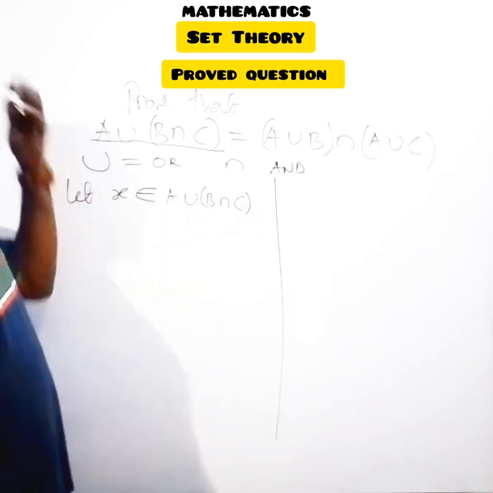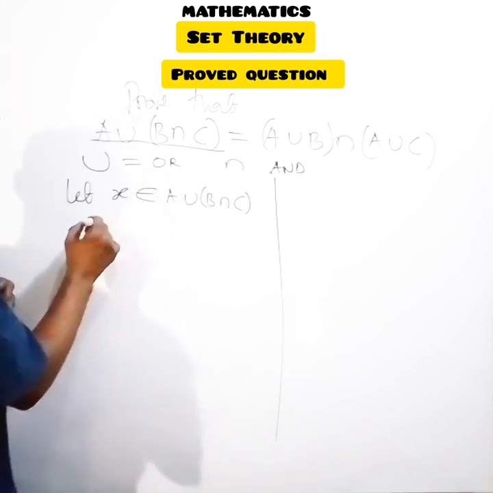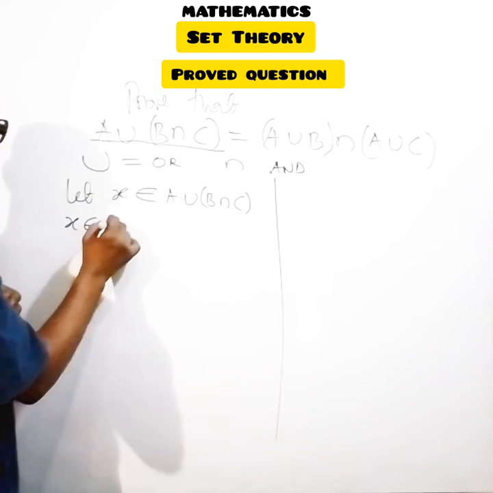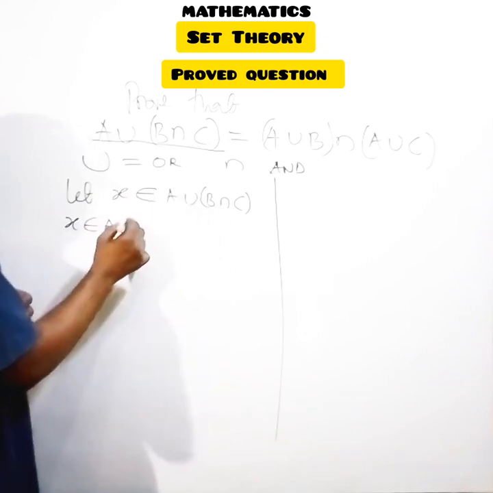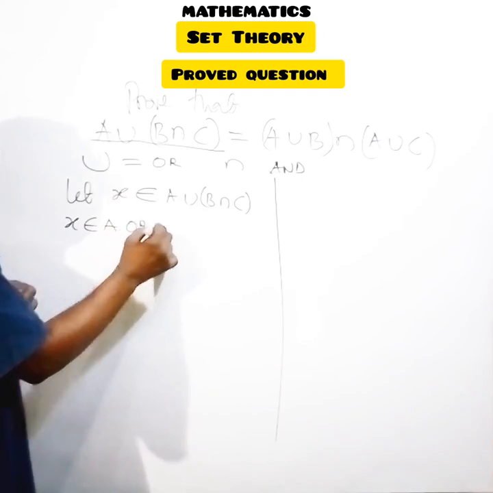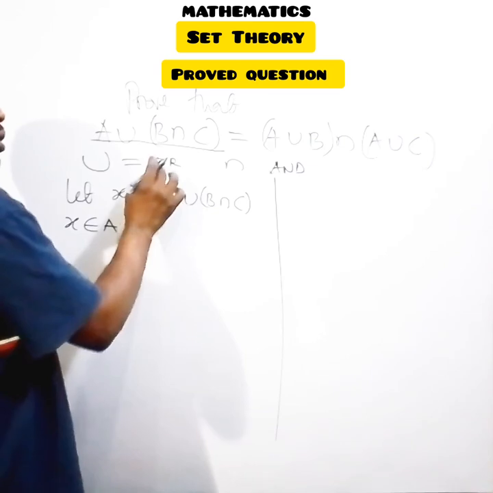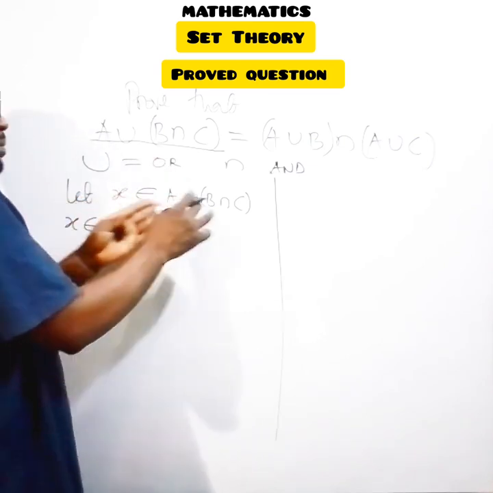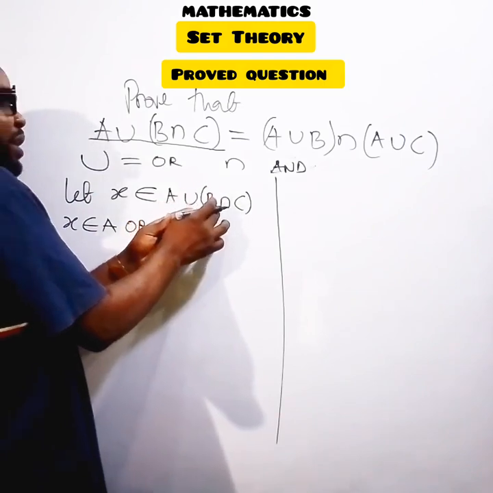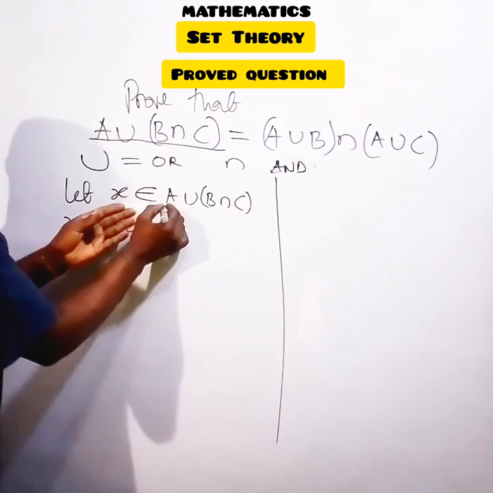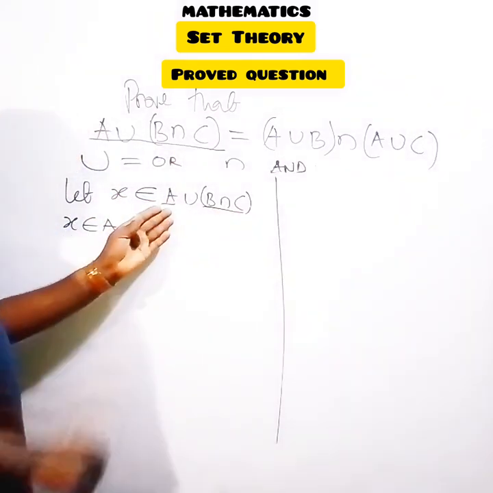Now, this means that x is a member of A, or, since union means "or", x is a member of B intersection C. We have divided this set into two parts.